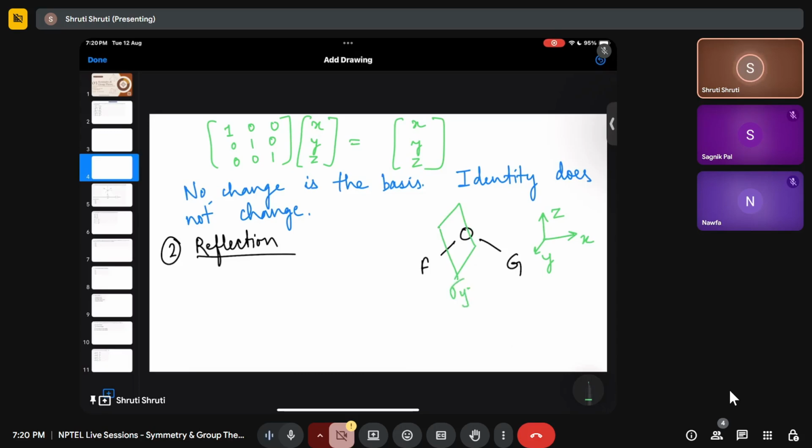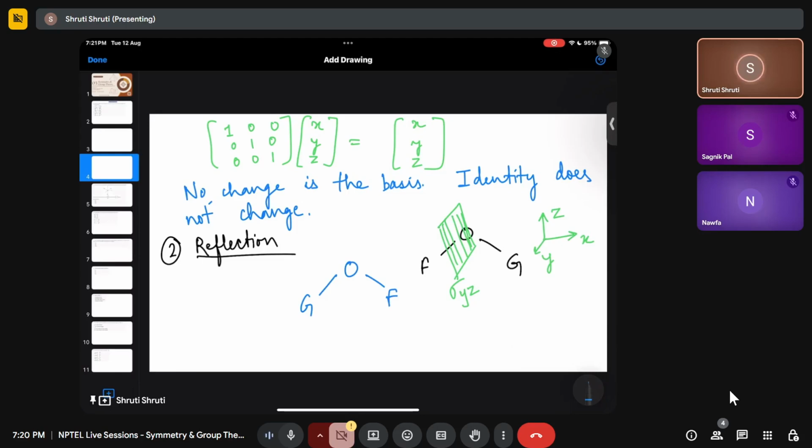This is sigma yz. After doing this, O will not change its place because O lies in the plane, and F and G will get interchanged.